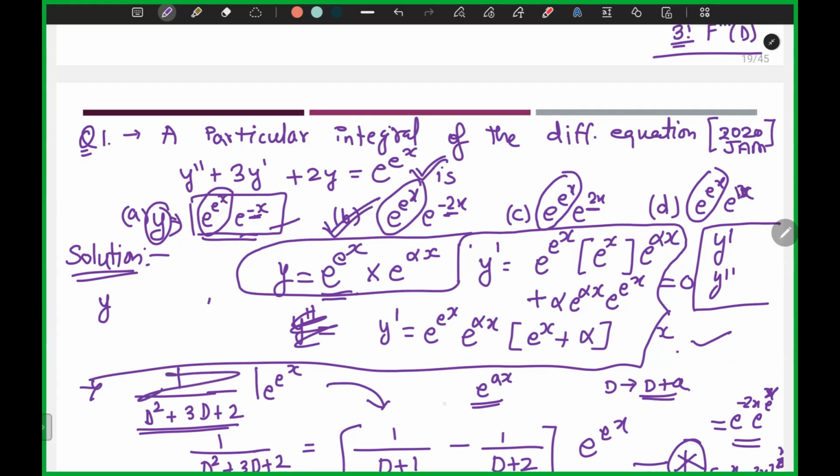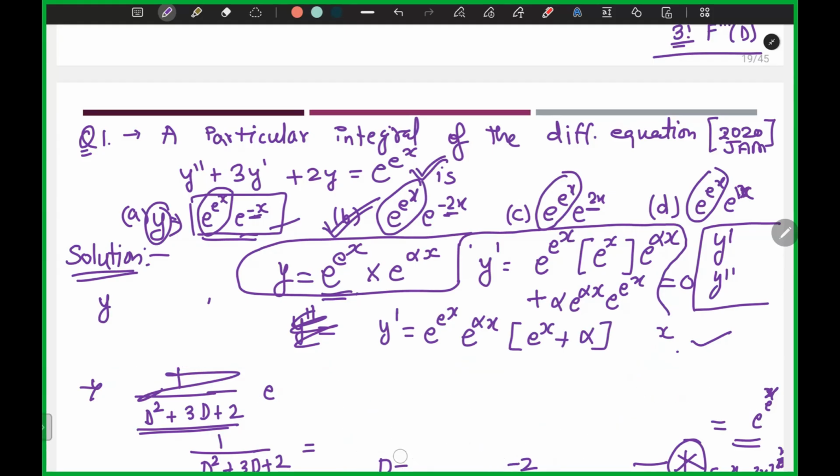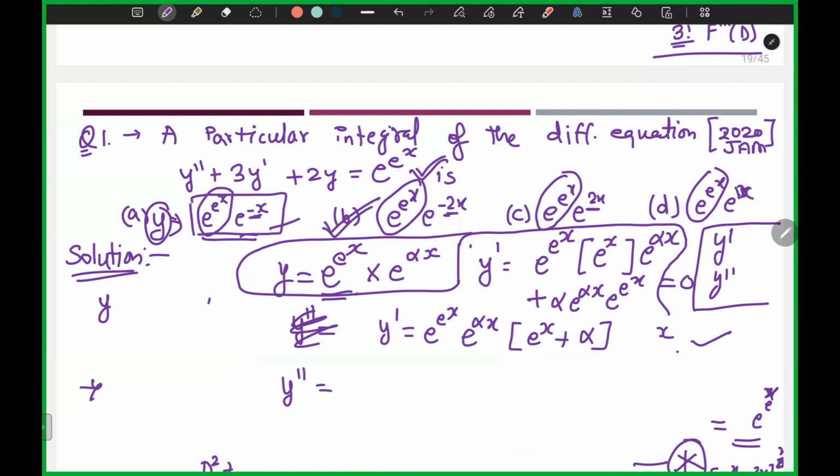Yes, sir. So now what is y double dash? Sir, it is again y e^x, y dash is equal to y into e^x plus alpha. Again, should I do it, or can we find it out? Yeah, you can just simply put it in.